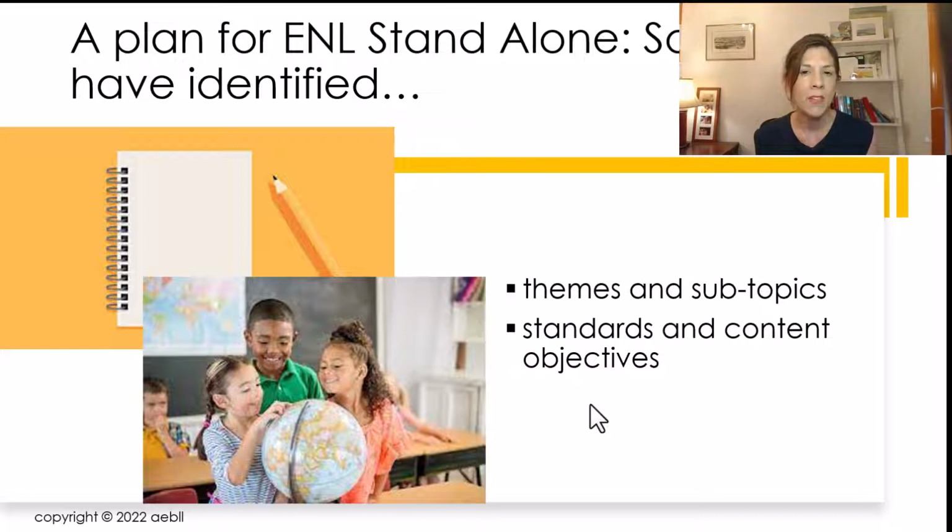I have given you a planner to help you with this, and we want to choose themes that are based on the New York State K through 8 scope and sequences for science, social studies, as well as the K through 2 language arts. And this is really going to give our students in standalone a nice variety of topics to familiarize themselves with their new school environment.